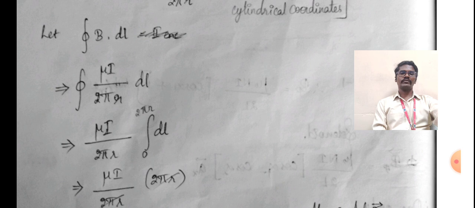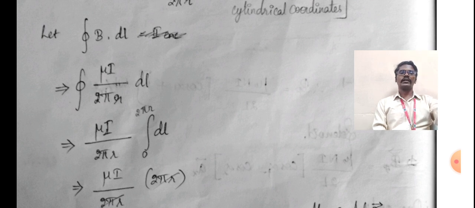The upper limit is 2 pi r and the lower limit is 0, and we integrate the above equation, upper limit minus lower limit. So the answer is mu I divided by 2 pi r into 2 pi r minus 0.